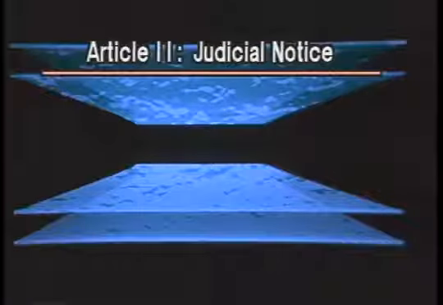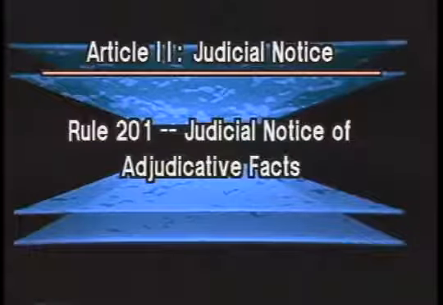Article 2 is a single rule article. Only Rule 201 is in Article 2, which deals with judicial notice. This rule governs only judicial notice of adjudicative facts.